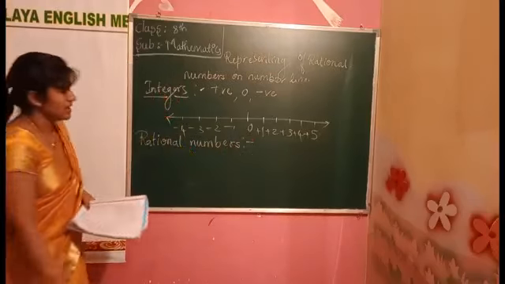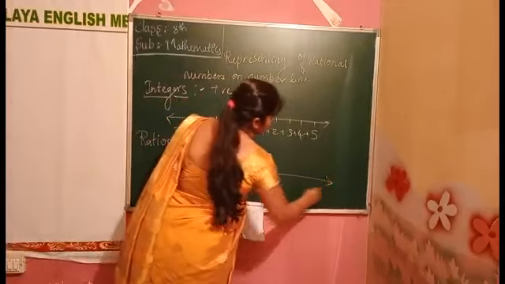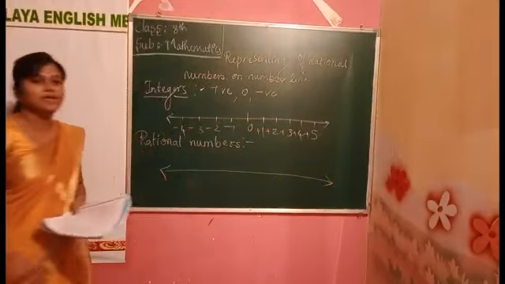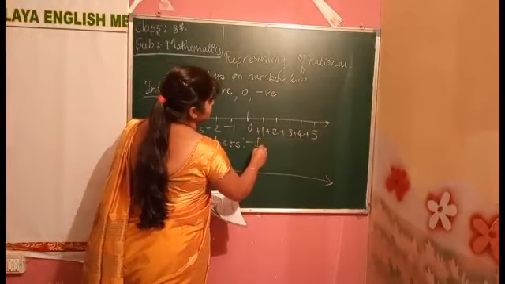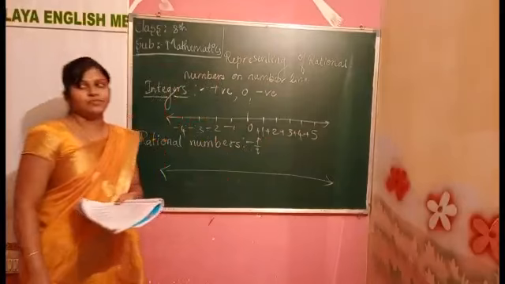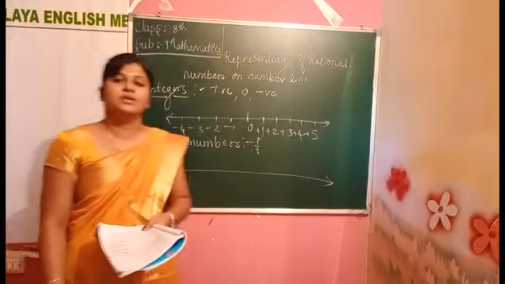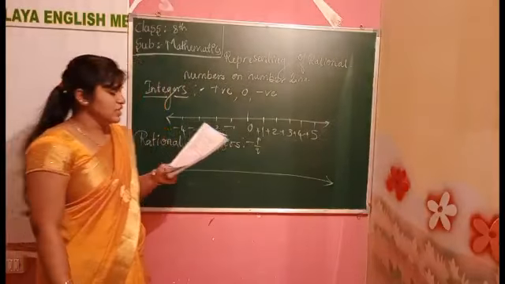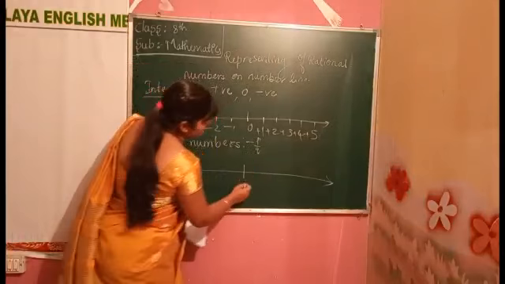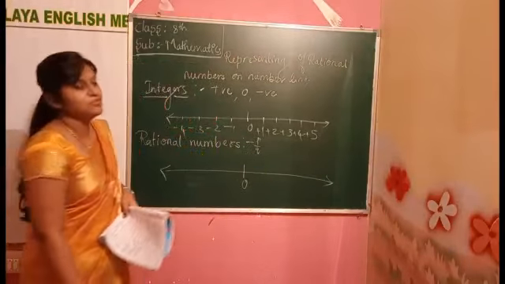numbers on the number line. In rational numbers we have the form p by q, where p is the numerator as well as q the denominator. Yes, we have a numerator and we have a denominator. So it starts from 0. Here also we start from 0 only.